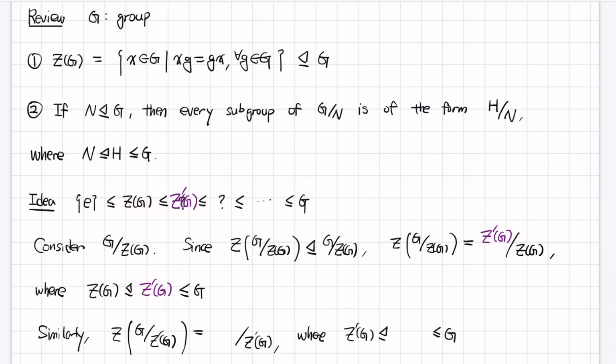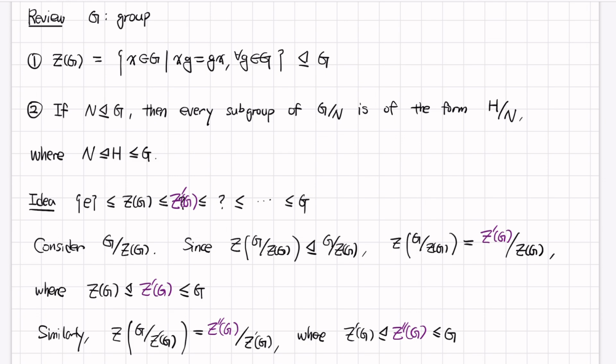Similarly, we can consider another subgroup, Z double prime of G, where the center of this quotient group is equal to Z double prime of G mod Z prime of G, by using this fact as well. And this Z double prime of G is going to be a normal subgroup of Z prime of G. So it is a subgroup of G containing this subgroup.